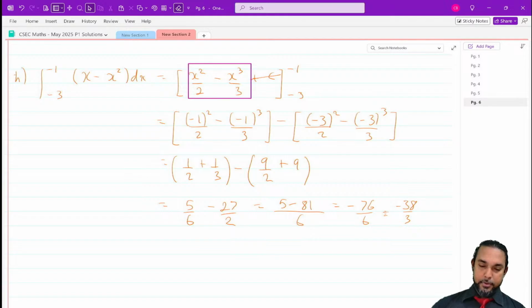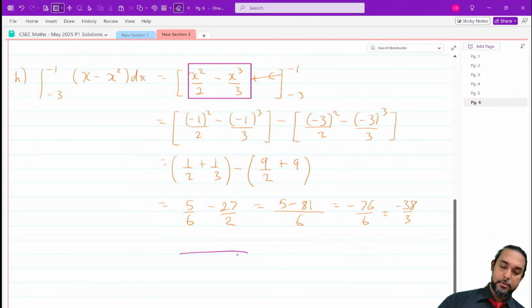So a half plus 1/3 is 3 over 6 plus 2 over 6, which is 5 over 6. 9 over 2 is 4.5. 9 and 4.5 is 13.5. Then we have 5 over 6 minus 13.5. 13.5 is 27 over 2. So we need a common denominator, which is 6.